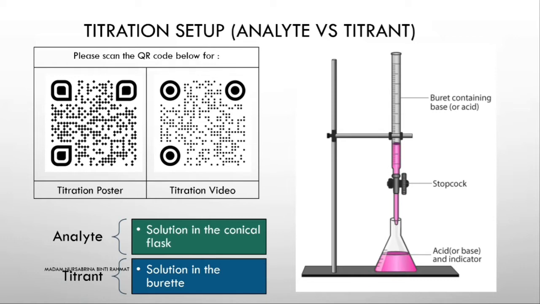The first one you can scan if you want to see a titration poster. This poster shows you step-by-step guidelines on how you can carry out your titration experiments, including how to pipette solutions and transfer them into a conical flask, how to fill up your burette, and lastly how to conduct the titration experiment.